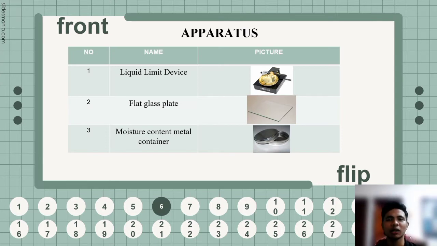My name is Helmi bin Ahmad Sharifuddin and my registration number is 01DK80F2064. In this part of the slide, I'm going to be presenting about the apparatus that we use in this test. The first one is the liquid limit device, and the second one is a flat glass plate. The third one is a moisture content metal container.